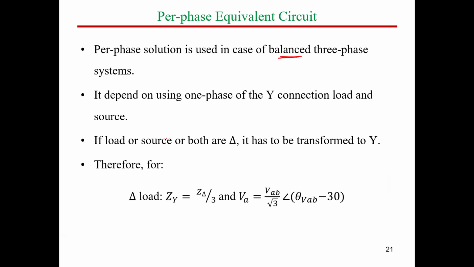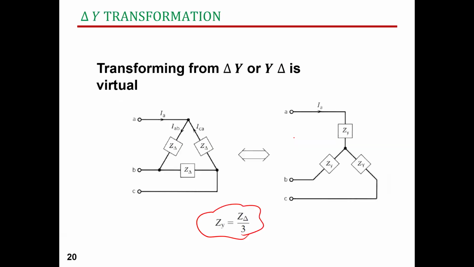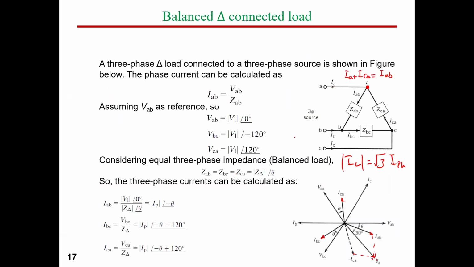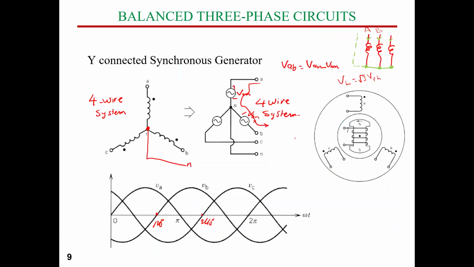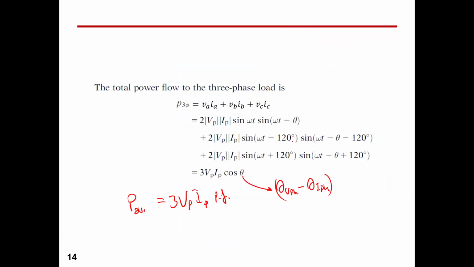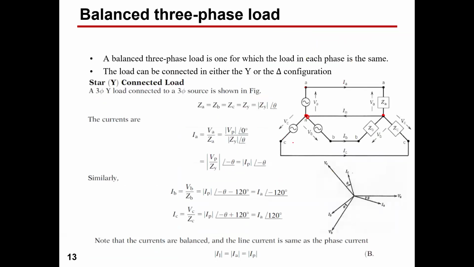But when you connect Y connected systems in series, it's possible. What I mean is, let's go back a few slides to show you here, guys. Yeah, just here. Okay.